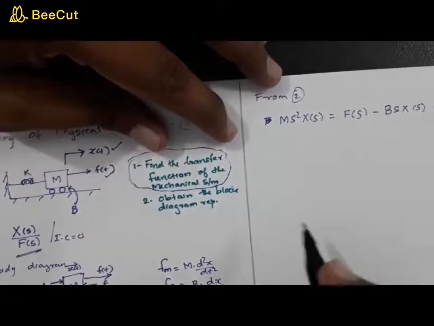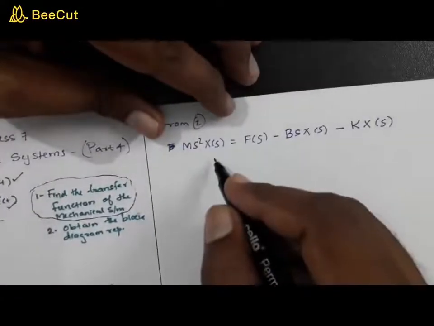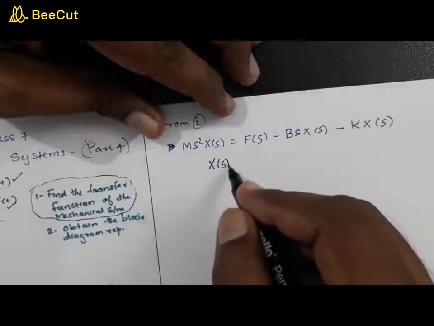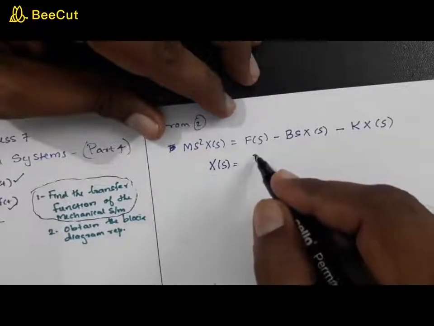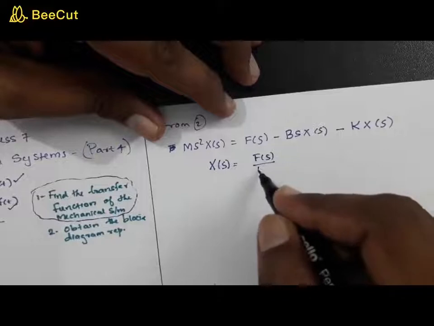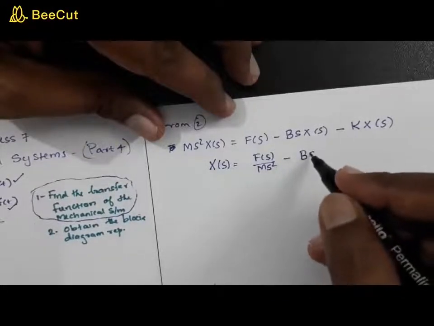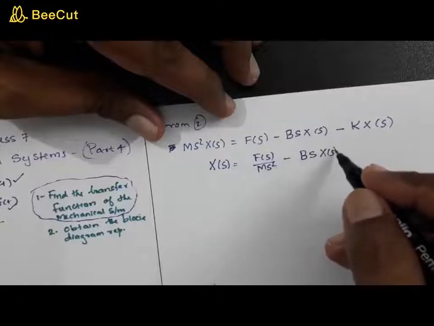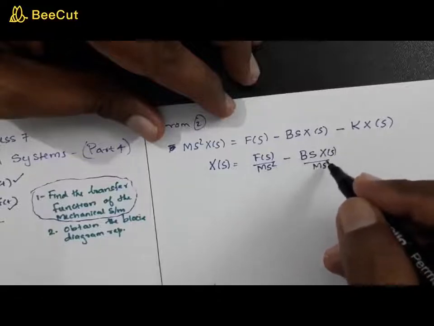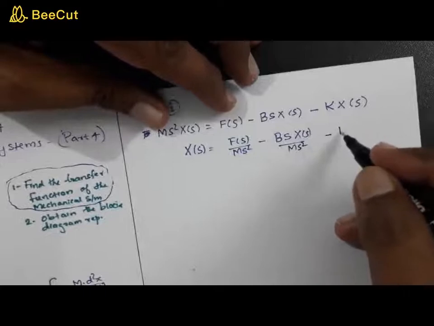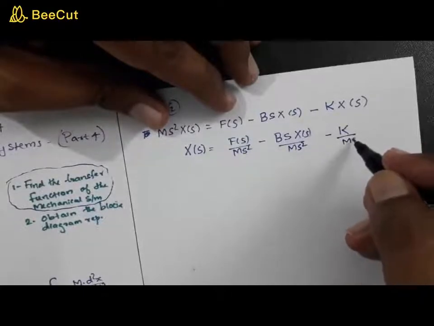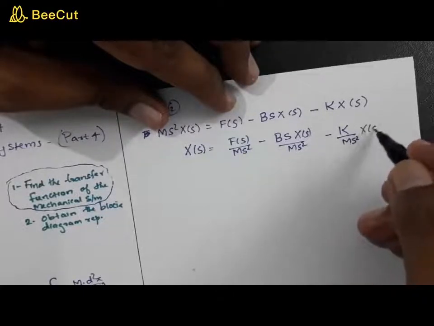Now from this you can obtain the output like this. X of s will be f of s divided by m s square, minus b into s into x of s by ms square, minus k by ms square into x of s.